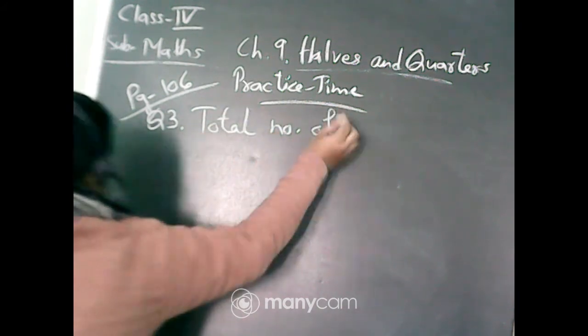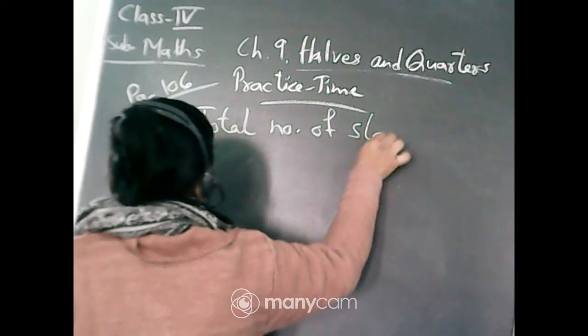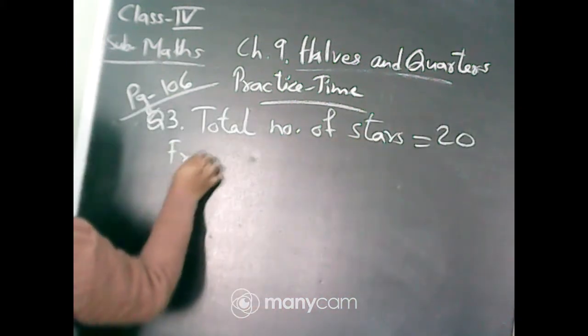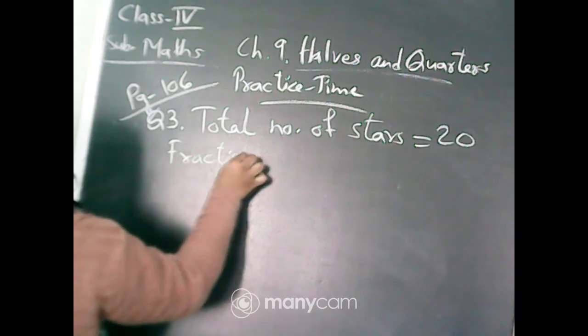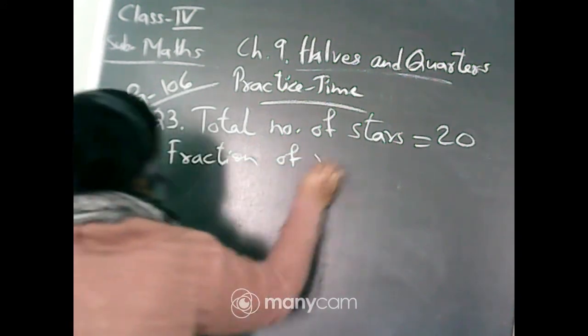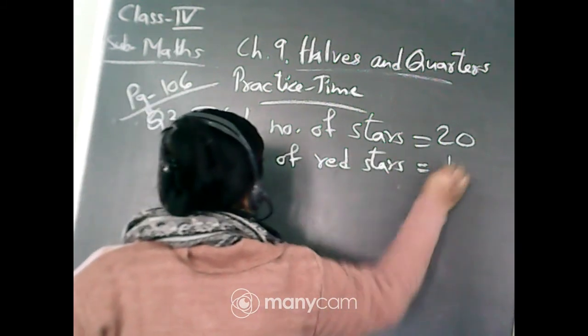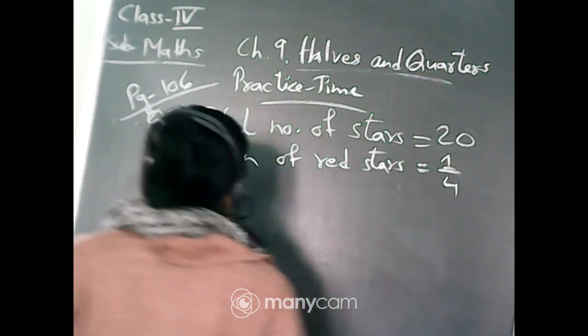Total number of stars, it is given 20. Fraction of red stars is 1/4, that is quarter, isn't it?